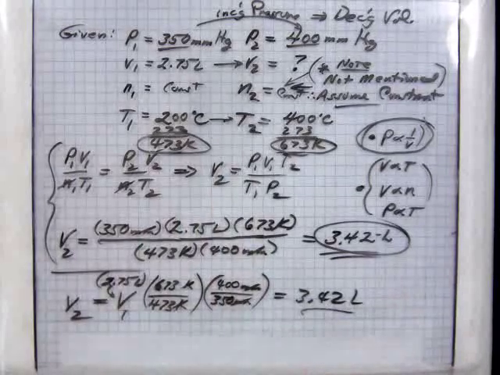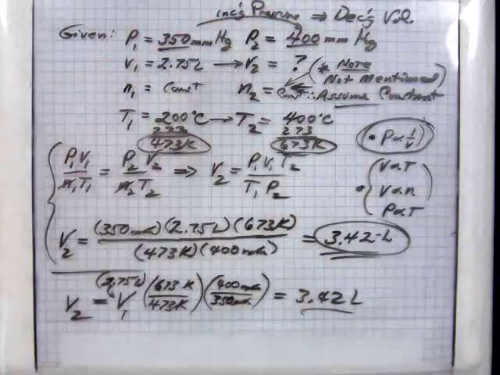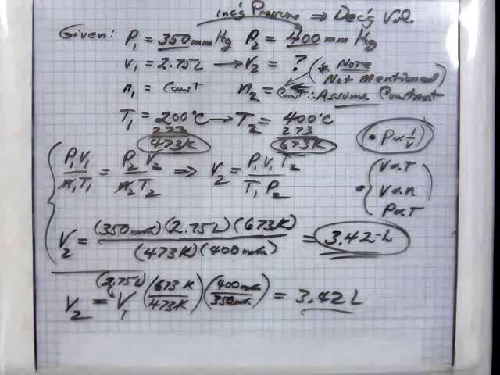So if you set this up and just simply look at it, I'm at V1, I need to change it to V2. First I'll change the temperature, see what the temperature's doing, set up a ratio and multiply it in, and then pressure, multiply it in. And that beats memorizing all of the laws and all the details that I've just given you. Now, for the next exam, I will ask individual questions about what Boyle's law deals with, and Charles' law and so forth.